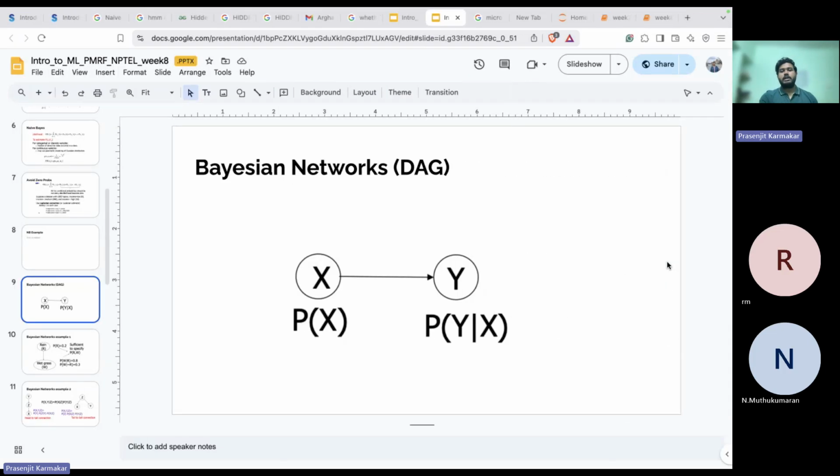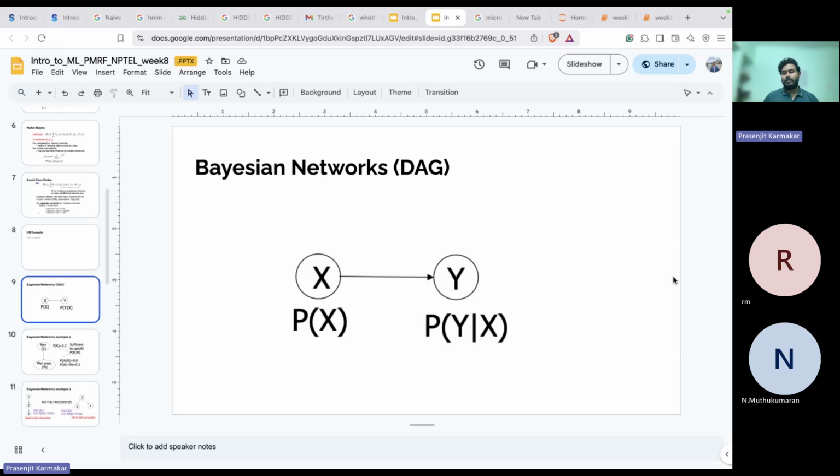Okay. So what are Bayesian networks? It's a way to represent dependencies among different features. Okay. So let's say, given it is rainy, what is the probability that there will be mud on the road? Something like this. Okay. So the two features could be rainy and muddy, right?